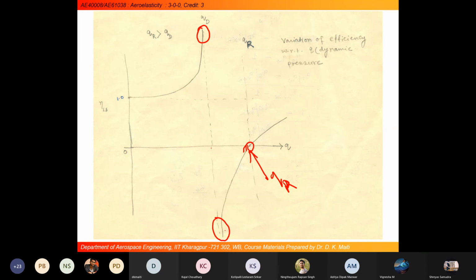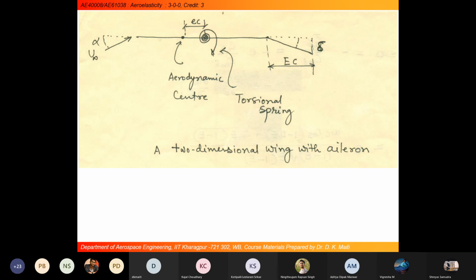Again, the overall efficiency will be reducing beyond QD, and it becomes 0 at Q reversal. So this is the condition we are getting; let me just summarize here.